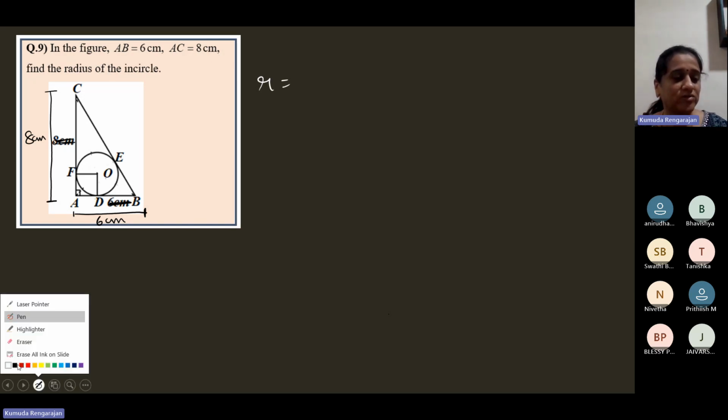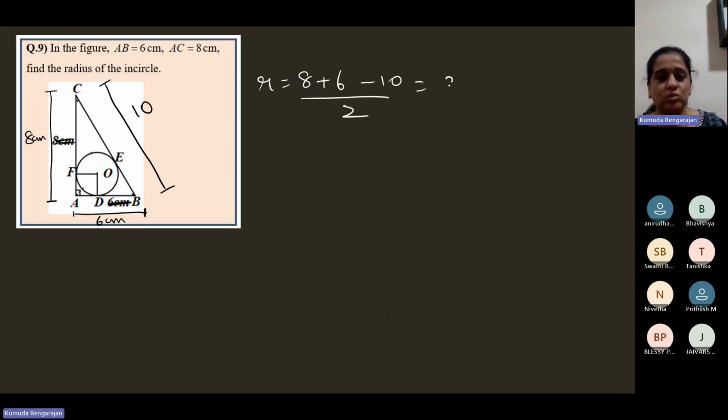So what's the formula? Inradius is equal to the sum of the legs. You can find the hypotenuse using Pythagoras theorem, right? 10. So inradius is equal to A plus B, sum of the legs, minus C, hypotenuse, divided by 2, which is 14 minus 10, 4 by 2, 2. Or it is S minus C. What is S?